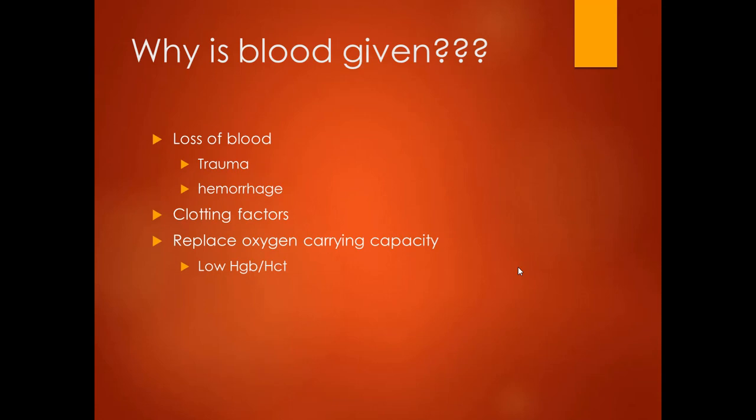But I think the most common one that I've seen is low hemoglobin and low hematocrit in relation to a GI bleed or a bleed that they can't find. Another reason we give blood is for the clotting factors. Some patients don't have the clotting factors that are needed and are at high risk for bleeding out.